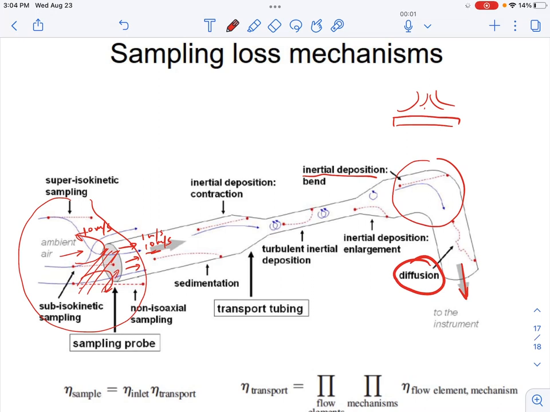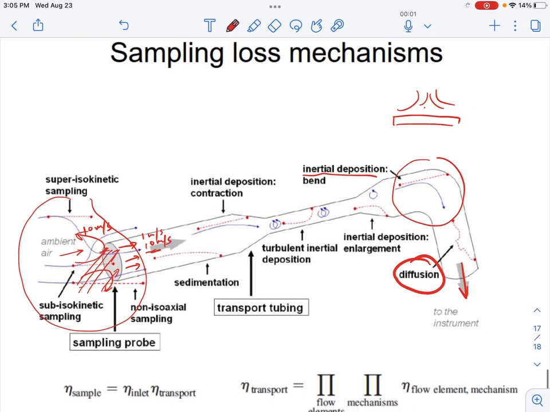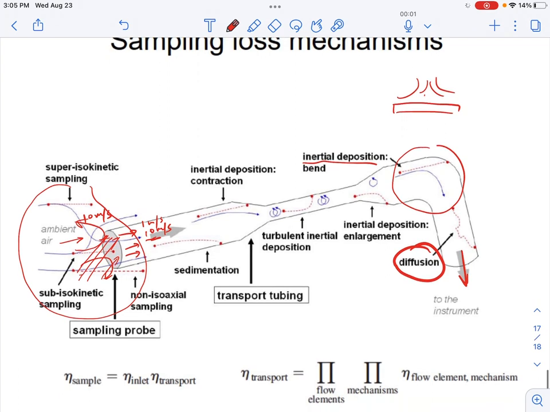Under this situation, you are oversampling the larger particles because their inertia is larger and they can just get introduced to the tube, and the smaller particles are undersampled, so undermeasured. These are the concerns we need to consider when sampling aerosols into our instruments.